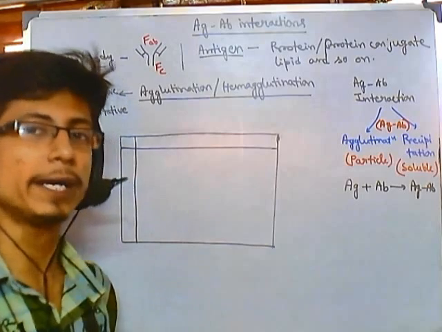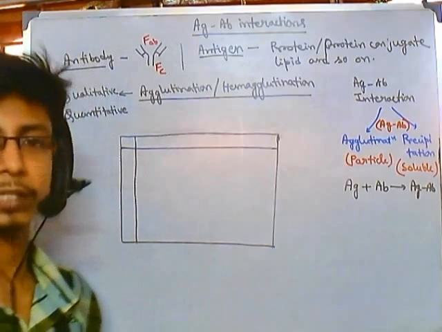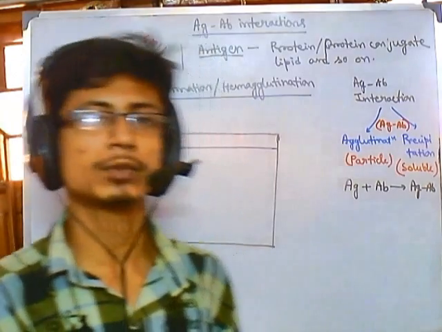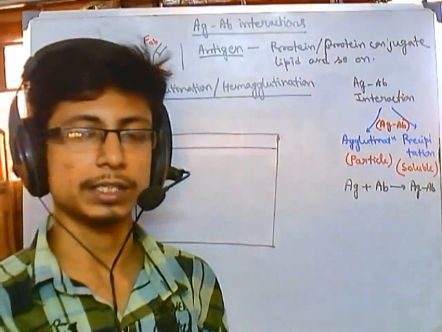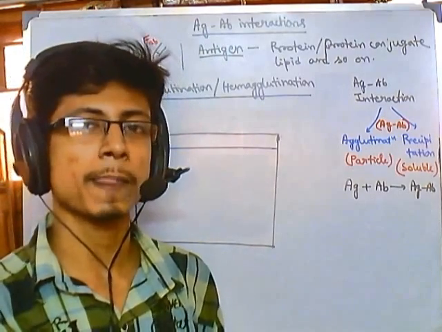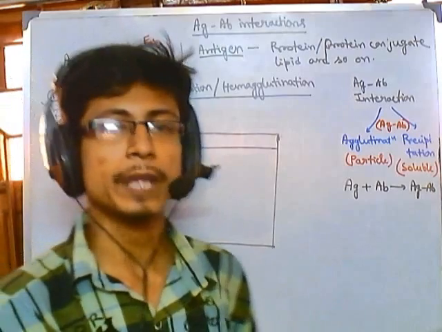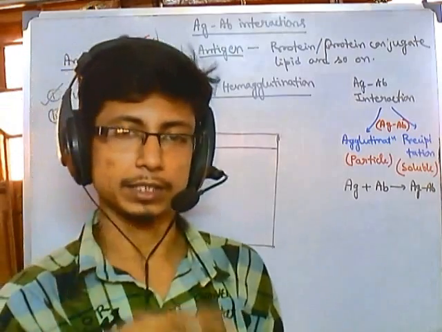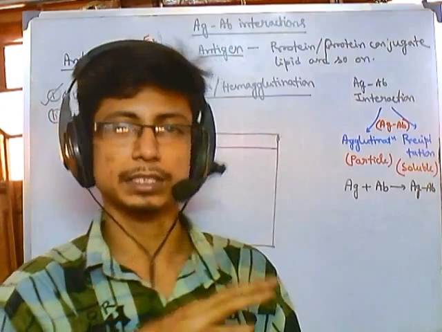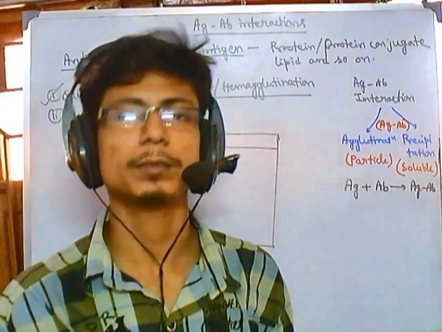What we want to find out using this technique, and why we usually use it, is to find out whether there is any bacterial infection present inside a patient or not. If there is a bacterial infection inside the body of a patient, then what will be the symptom?